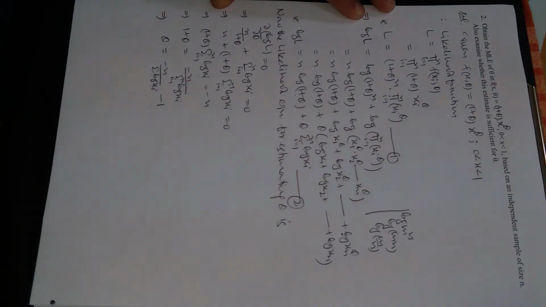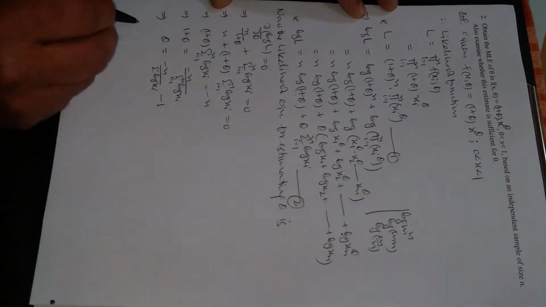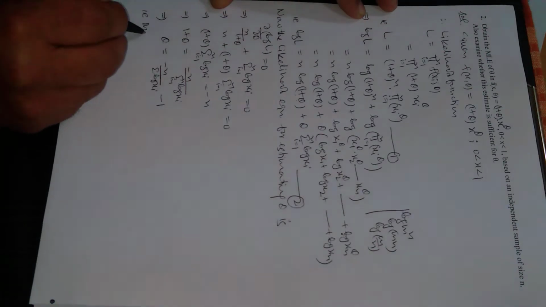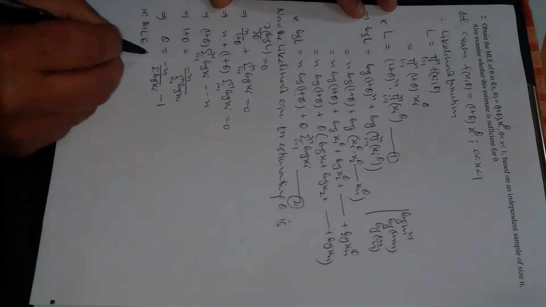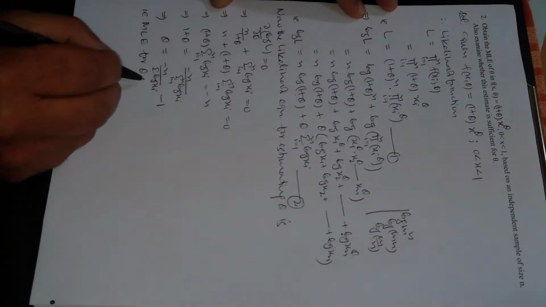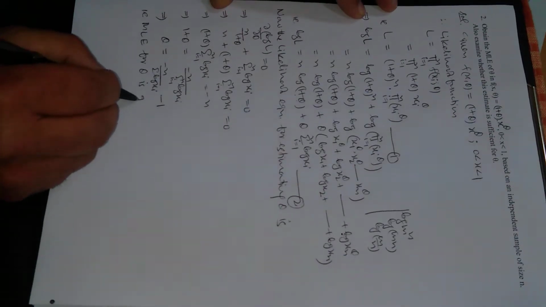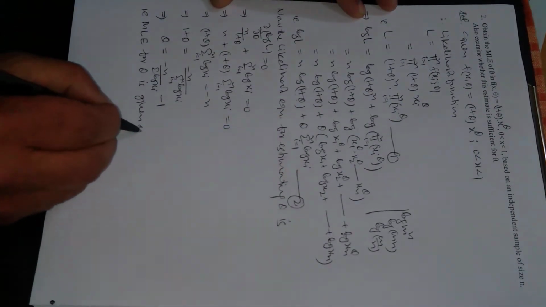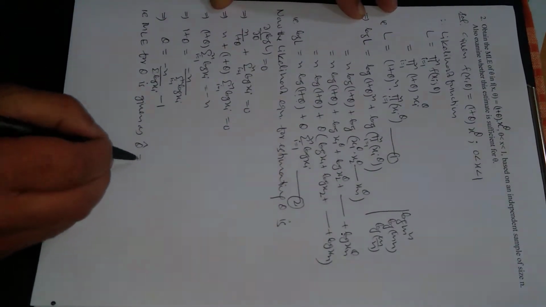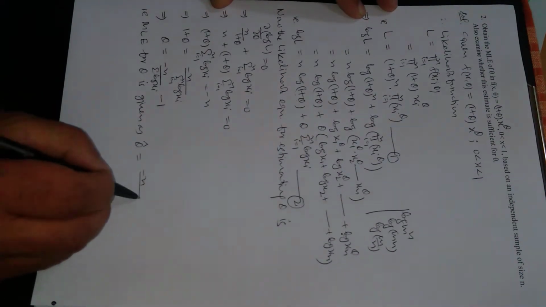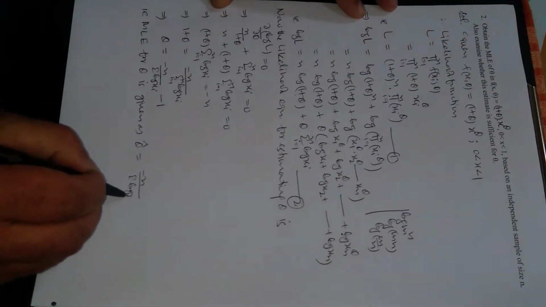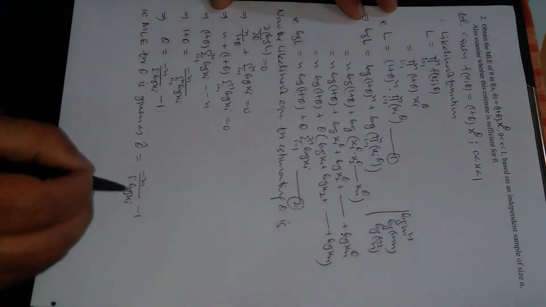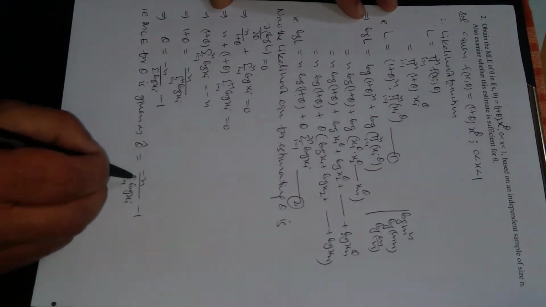That is, the maximum likelihood estimator for theta is given as theta cap, which is equal to minus n upon the summation of log x i, minus 1, where i is varying from 1 to n.